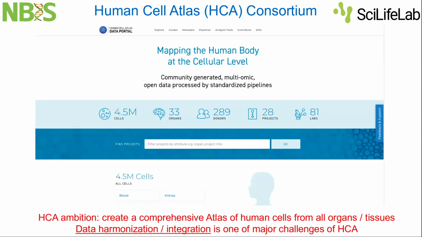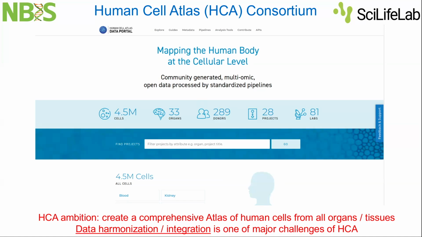And this was one of the major goals in the Human Cell Atlas consortium many years ago. They attempted to create a comprehensive atlas of human cells from different organs and tissues. Many big names in the field were recruited into this consortium, and they declared that the data harmonization and integration was one of the major challenges of the Human Cell Atlas.